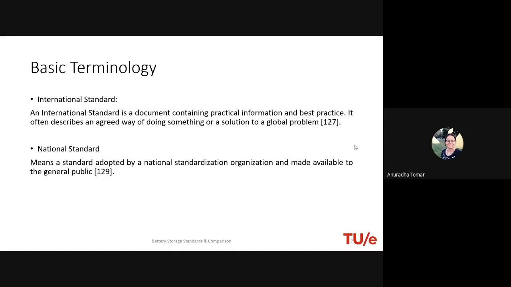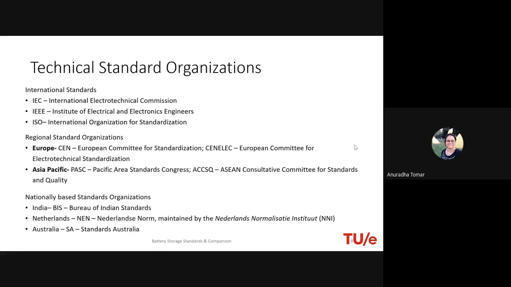So here we come to the technical standard organizations. We have heard of many standards like IEEE, IEC, but sometimes confusion comes as to which standard lies in which category. Here I have named a few examples; there is a long list you can search.